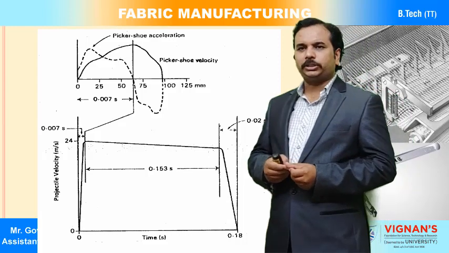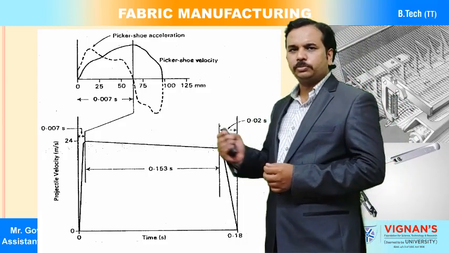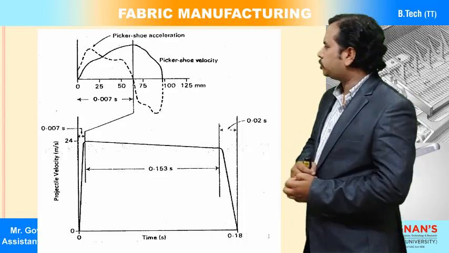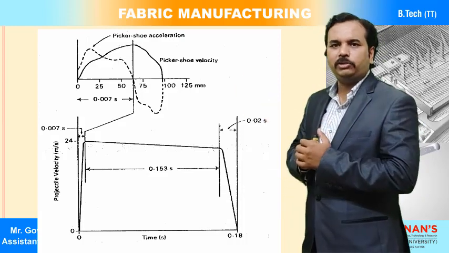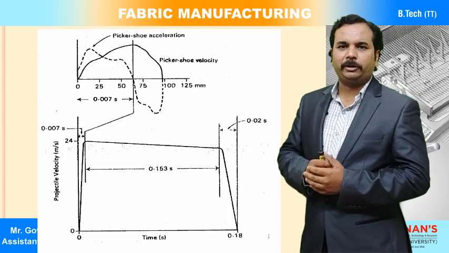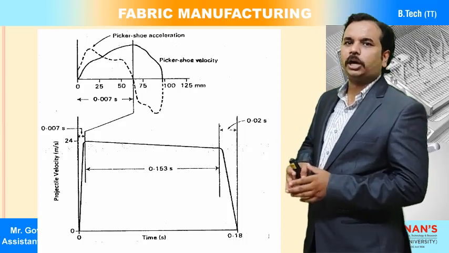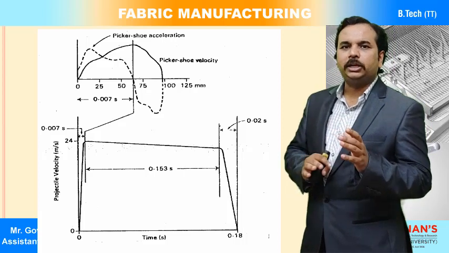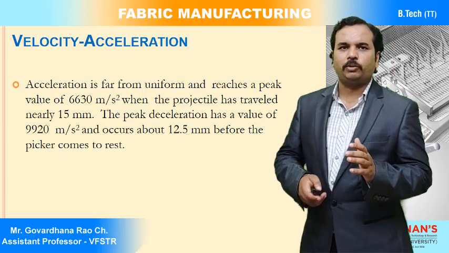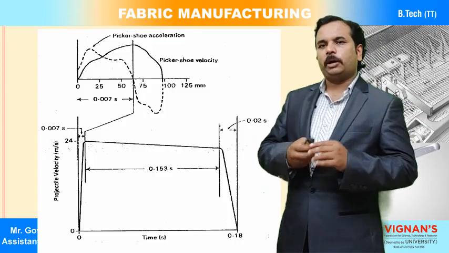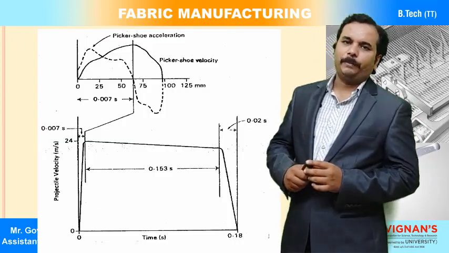Compared to this projectile case, in shuttle looms the shuttle velocity also follows the same path. The graphical representation of acceleration and velocity for shuttle looms also follows the same path, but the velocity is very much lesser compared to the projectile.